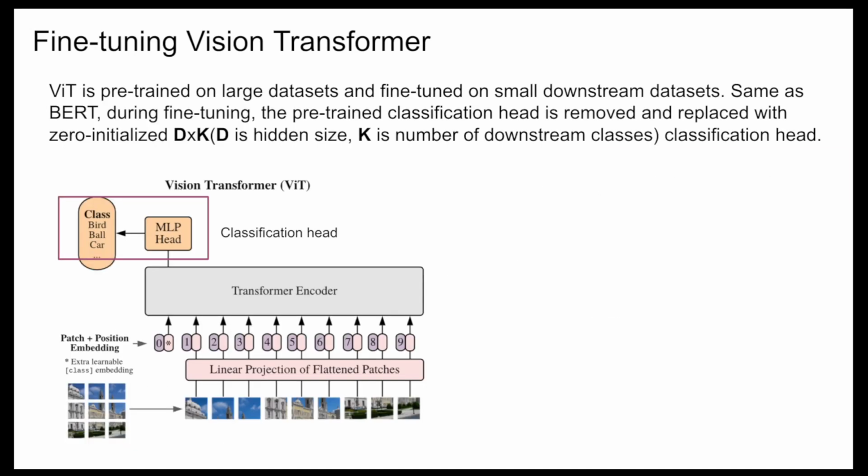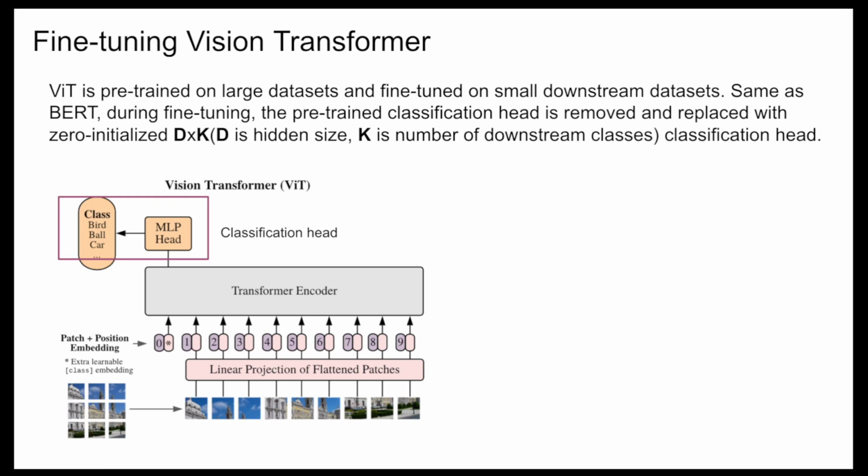So let's look at fine-tuning the vision transformer. ViT is pre-trained on a large dataset and fine-tuned on small downstream datasets. Like BiT, during fine-tuning the pre-trained classification head is removed and replaced with a zero-initialized D by K feedforward layer. D is the hidden size, and K is the number of downstream classes.